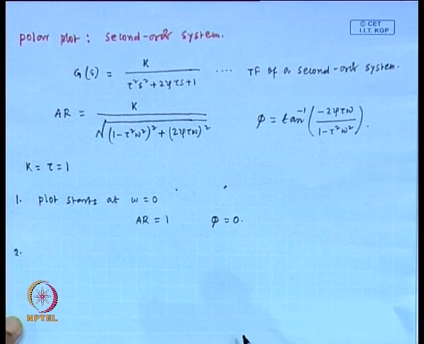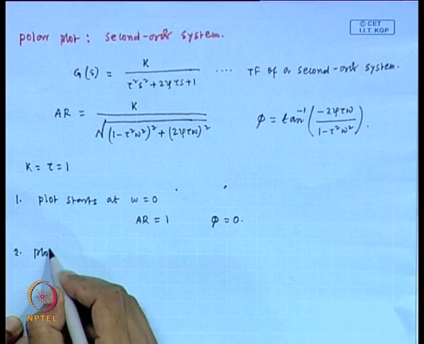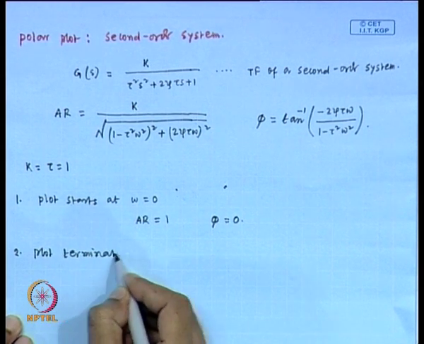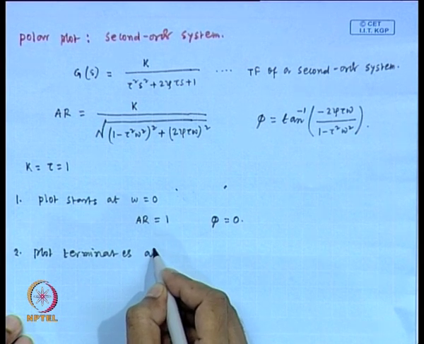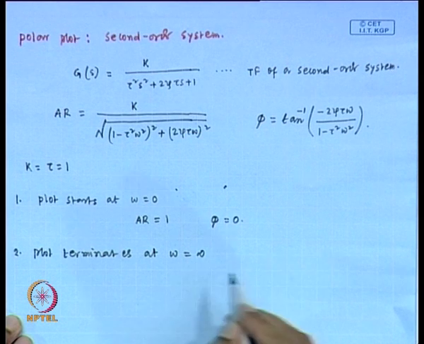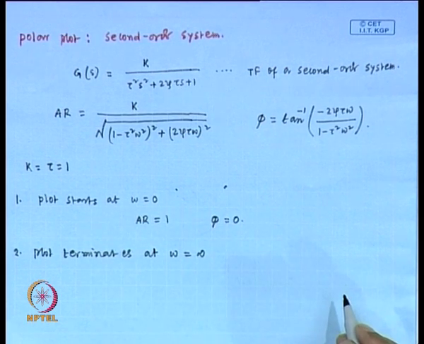Second, we will try to find the end point. This polar plot terminates at omega equal to infinity.